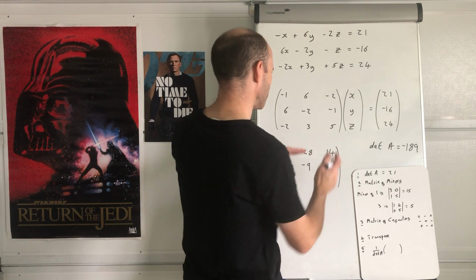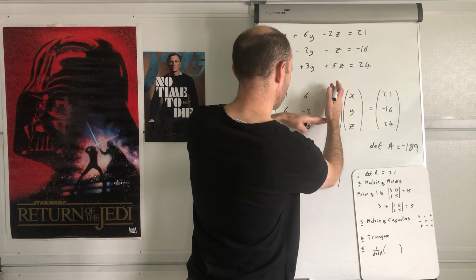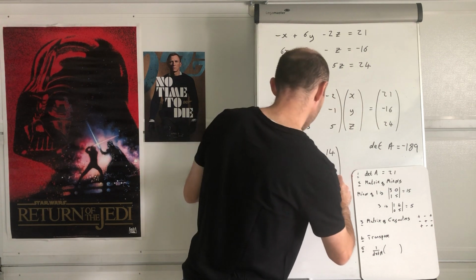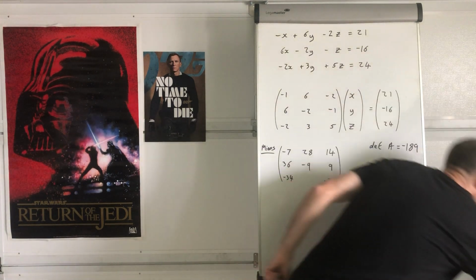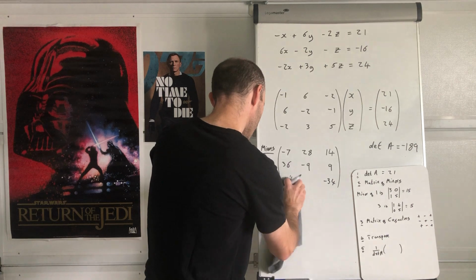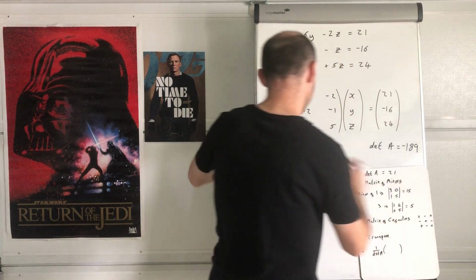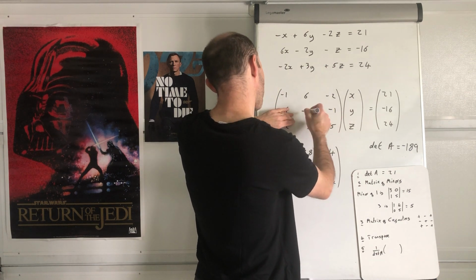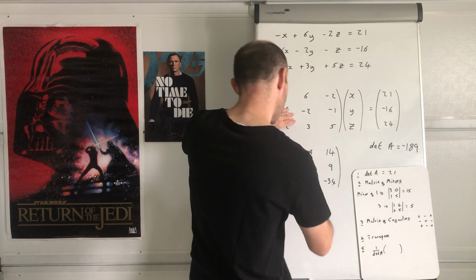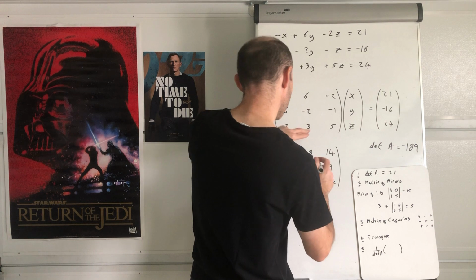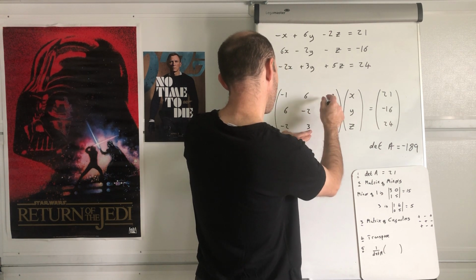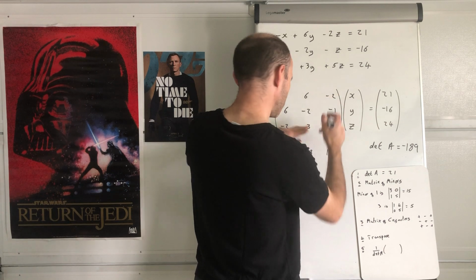Did I do that right? No, I didn't. I did that one, didn't I? I did 2, subtract... the negative 34 goes in there. I didn't do that one. So do that. Negative 6, subtract 4, negative 10. And that one, 1 plus 12 is 13.